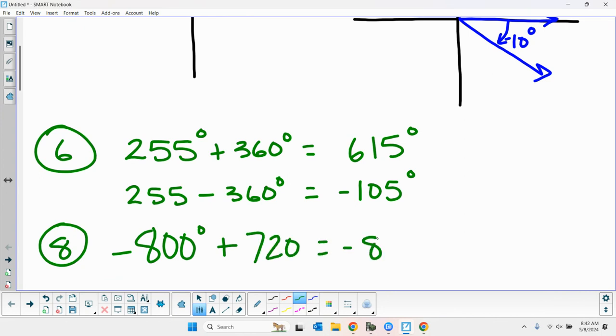But you could have had the other one. What's the other one? Negative 440? Is that what you guys have? Again, there's multiple answers to this. That's just doing it so I can do it in my head better. Then I'm going to add 360 to that to get the positive. So here's one answer. And what's that? 280?